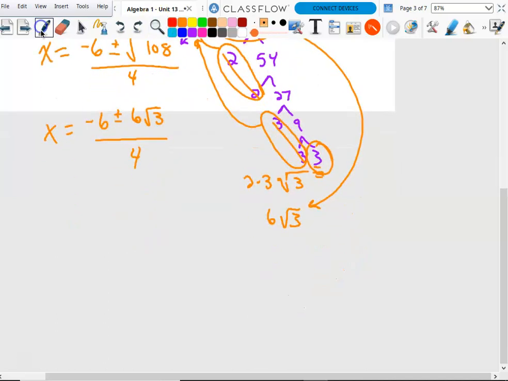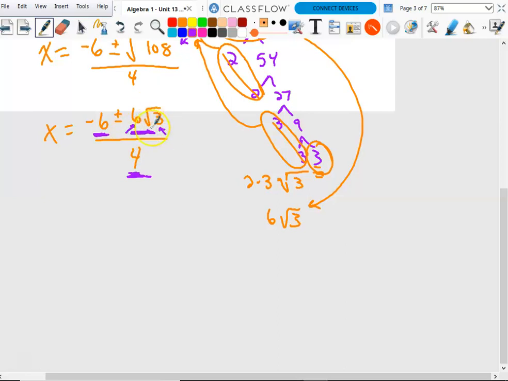As if that wasn't enough, now I've got to ask myself, can I reduce this fraction? And when we're reducing, this is a little sketchy. Because there's two terms up here and one term down there, I have to find a number that goes into all three of those if I want to reduce. And in this case, 2 will go into him, him, and him. Please notice, I am really talking about him, not him.